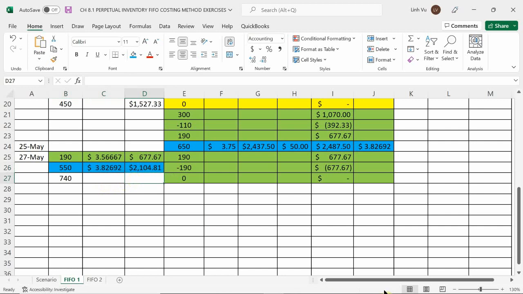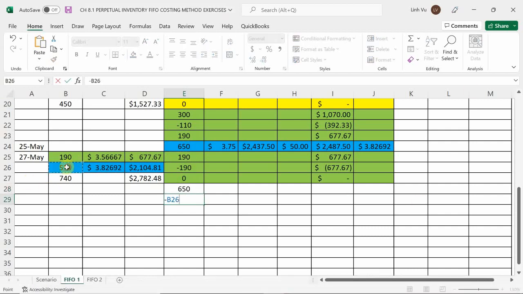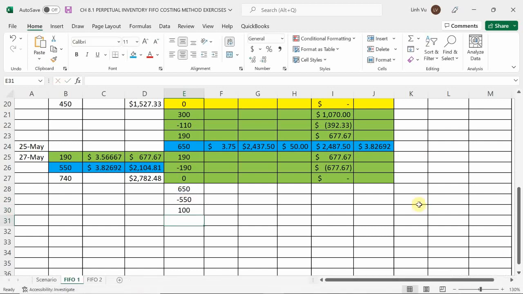So selling a grand total of 740 units was a grand total of $2,782.48. So, last but not least, I need to update my blue batch of inventory. If I had 650 and sold 550, I should have 100 left, right? Straightforward.